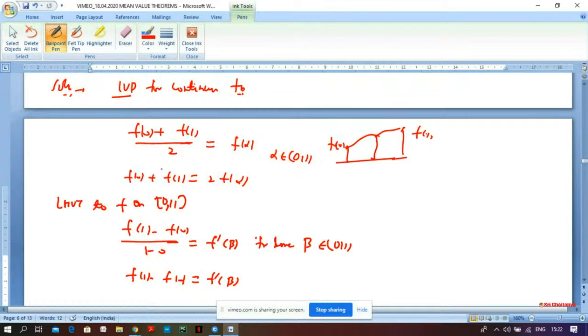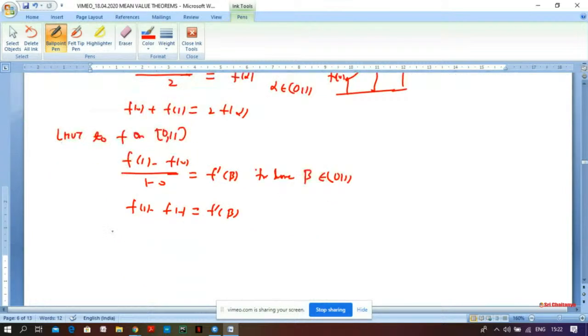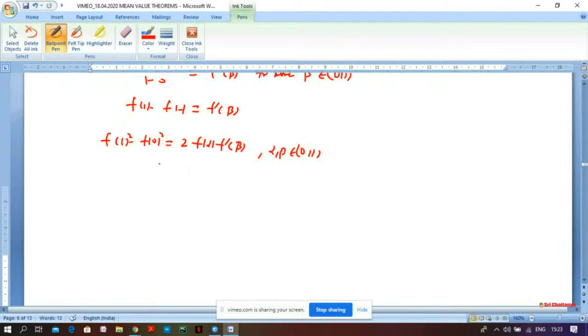If I multiply these two, you get that f(1) squared minus f(0) squared is 2 f(alpha) f prime(beta) for some alpha, beta belonging to (0, 1). We can't determine where they are, but they lie in (0, 1). So you proved the first part. We used IVP, and then we used the mean value theorem.